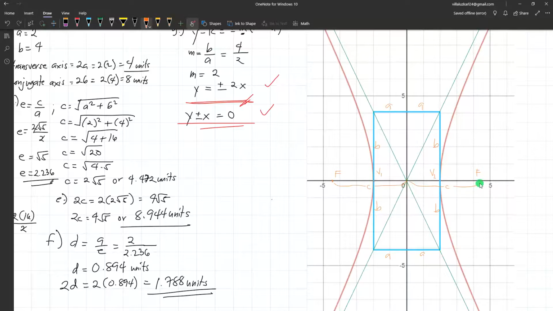Then for the latus rectum, we have a total distance of 16 units.